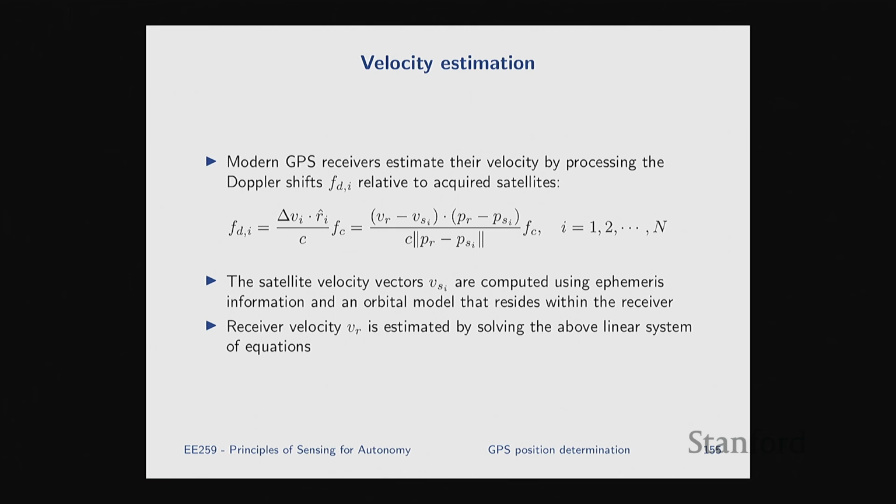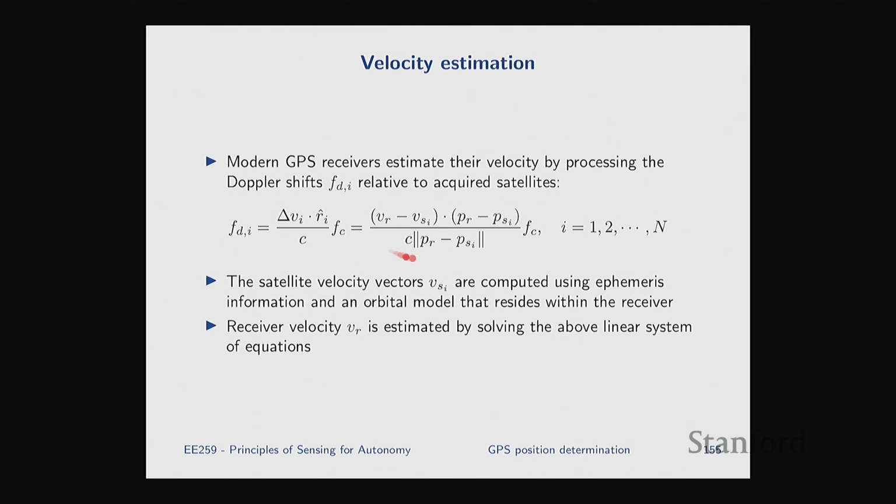So it's the projection of the relative velocity into the radial direction from the receiver to the satellite, scaled by the speed of light times the carrier frequency. So specifically, it's equal to your receiver velocity minus the ith satellite velocity, inner producted with r hat, which is p receiver minus p satellite divided by the norm of p receiver minus p satellite. So that's the unit vector pointing from the receiver to the satellite, over c times fc.